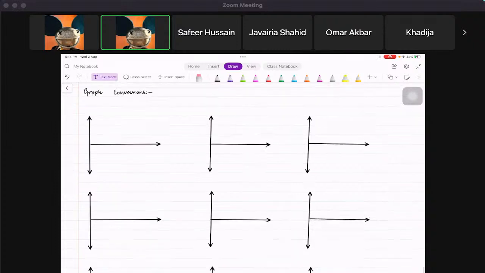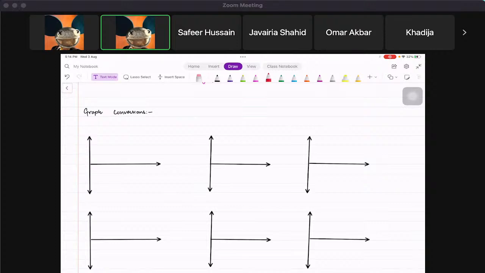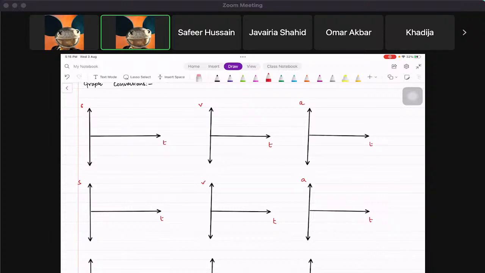So suppose we have displacement time here, velocity time here, and acceleration time here. So we'll try to do some of the graphs.